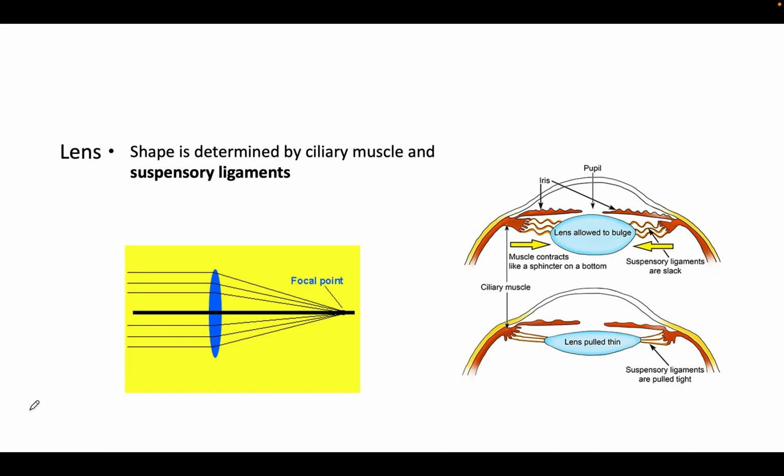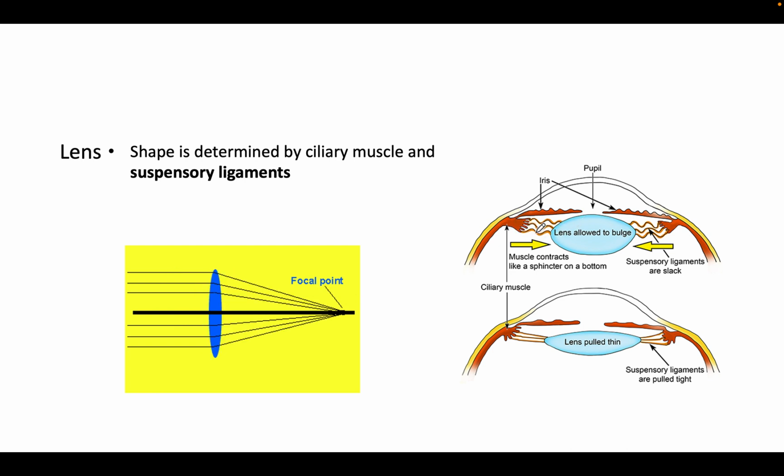All right. So here we can see those suspensory ligaments that can alter the shape of the lens. If we're altering the shape of the lens, we can be better suited for near vision versus far vision. The relationship between the ciliary muscle and the tension of the fibers is almost counterintuitive.